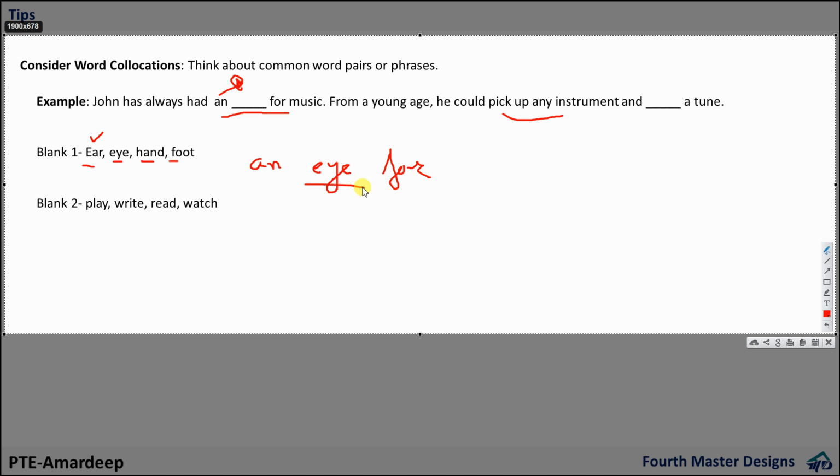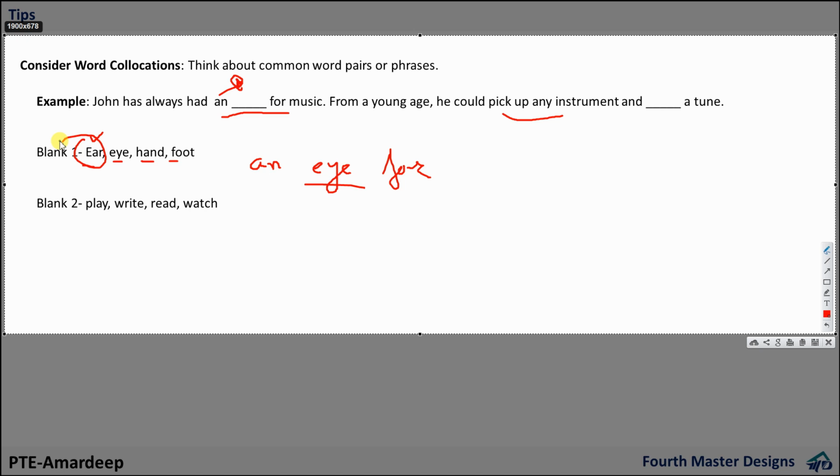An eye for is a phrase, and it is usually used in contexts like an eye for detail, an eye for design. For music, I'll go for ear only. Okay. So hand and foot, I can easily eliminate.